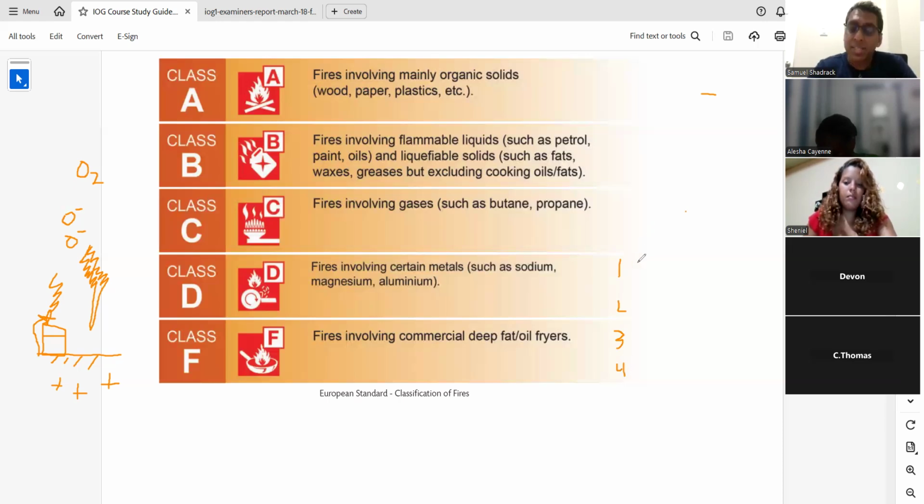So hydrogen is in group one, helium as well, right? I think sodium, magnesium, aluminum could be in group three, right? So we can say that group three of the periodic table are classed as metals.